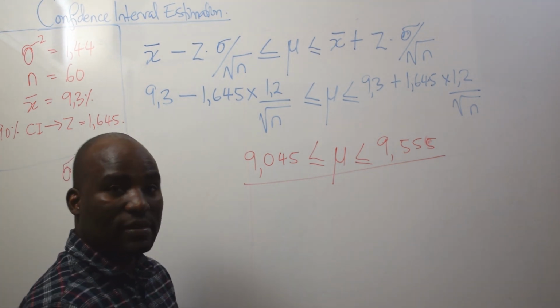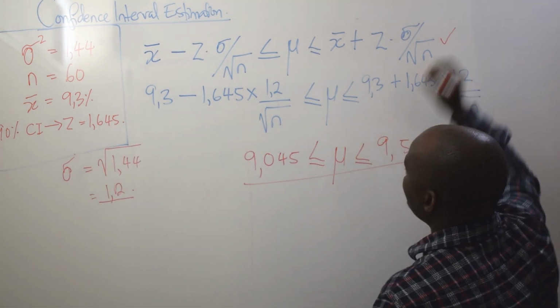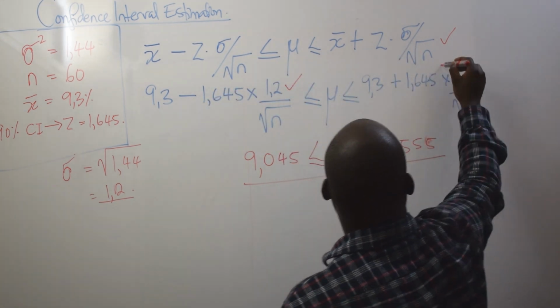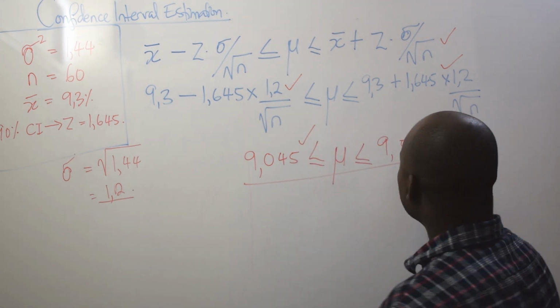So where are the marks? The marks are in number 1, knowing your formula, knowing how to substitute, and we're going to have 2 marks for the lower limit and the upper limit.